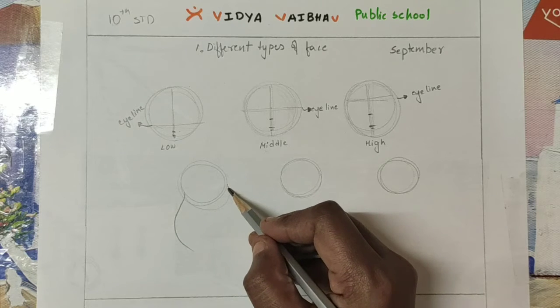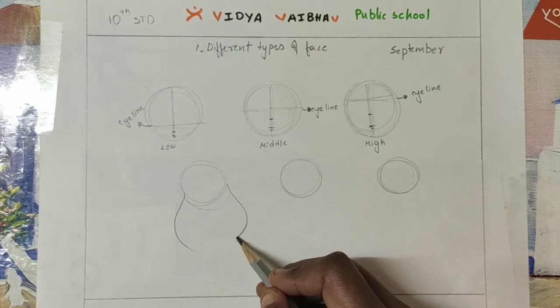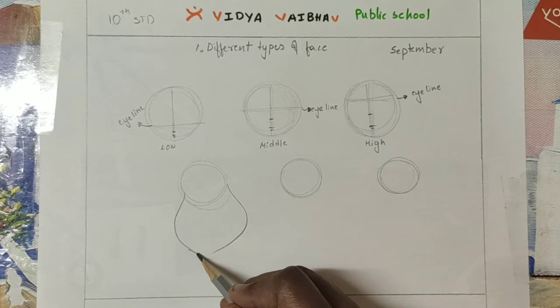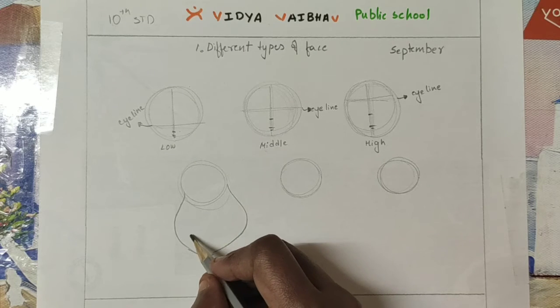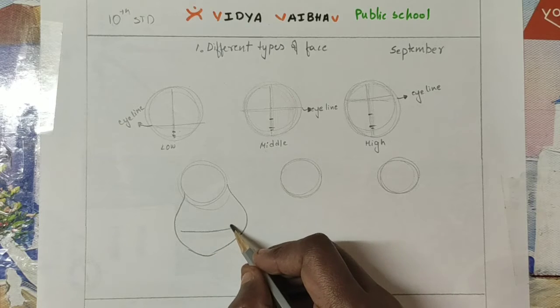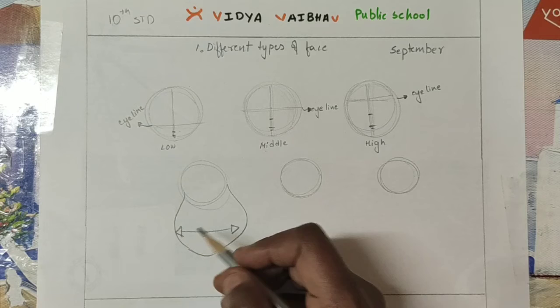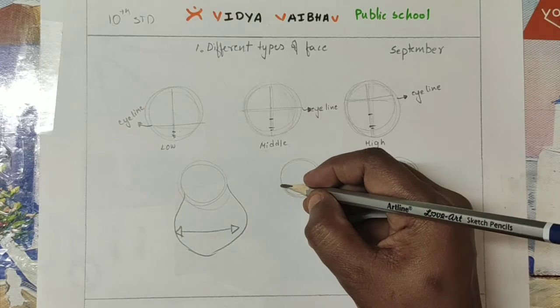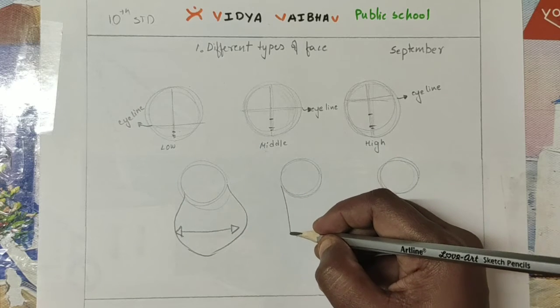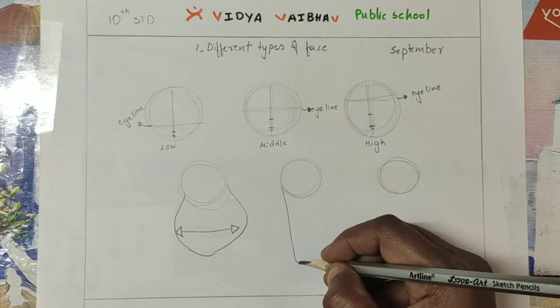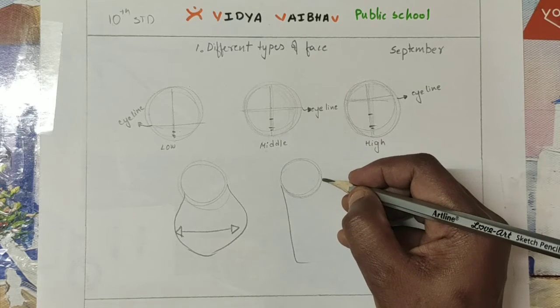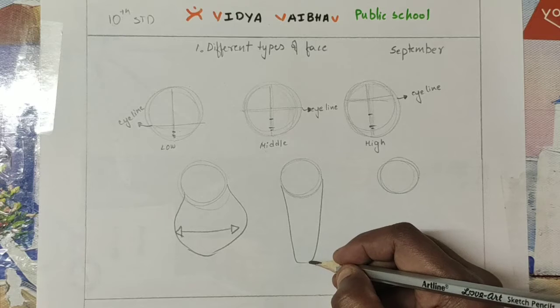See, when we are working on a caricature, a cartoon, it should look like a fun character. So your chin level can be extended in these types of ways: so thin, so fat, so lean, you can make it like this.